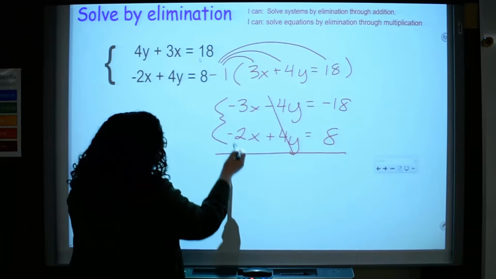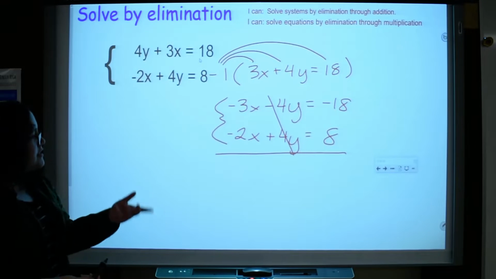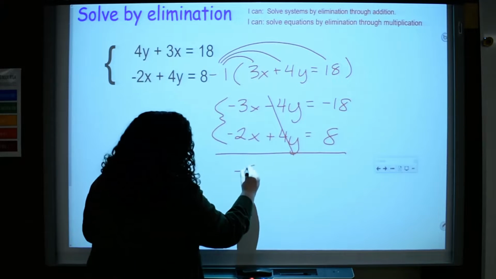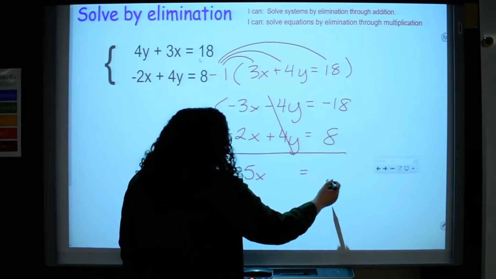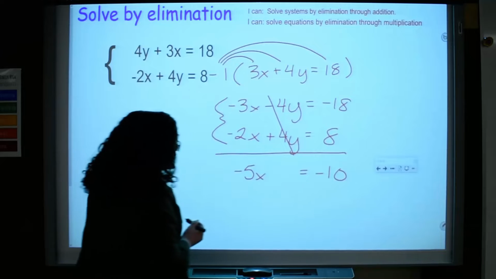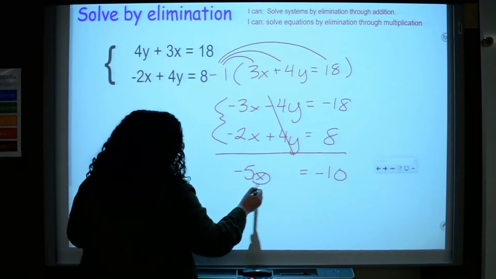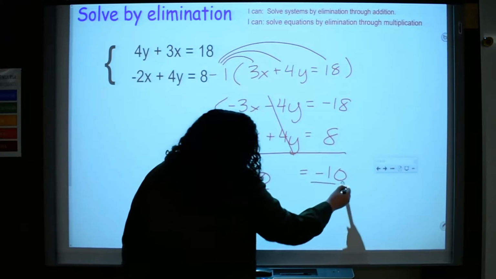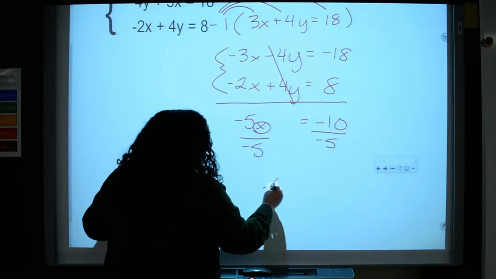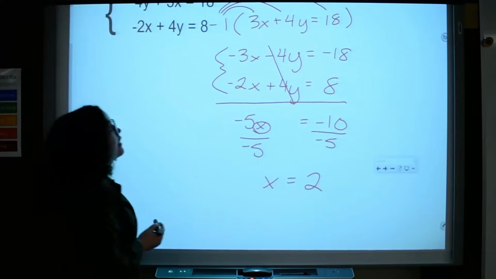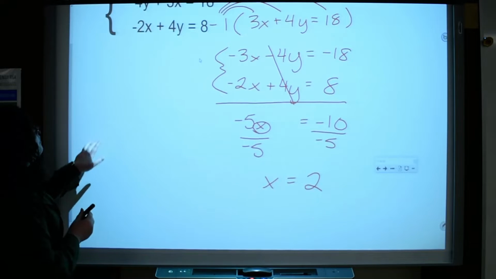These two cancel out. We've got negative 3x plus a negative 2x, which is going to be a negative 5x, equals negative 18 plus 8, which is going to be a negative 10. Excellent. One-step equation. Divide by negative 5, divide by negative 5, and x equals a positive 2. All right, one down, one to go.